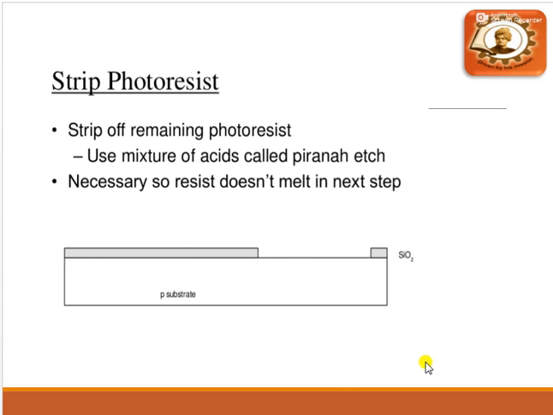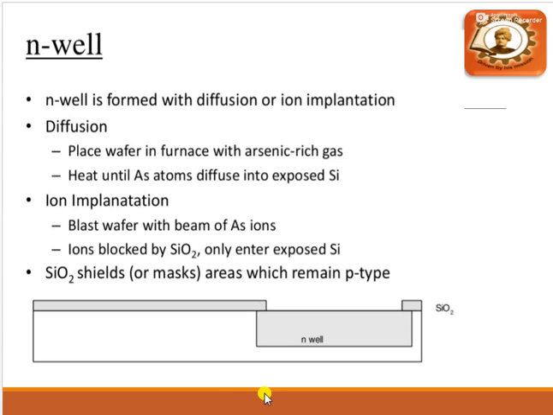Then the next process is the N-well or N-tub formation with a diffusion process, or it may be an ion implantation process. For a diffusion process, the wafer is placed inside a furnace with arsenic rich gas and heated until arsenic atoms diffuse into our exposed silicon.